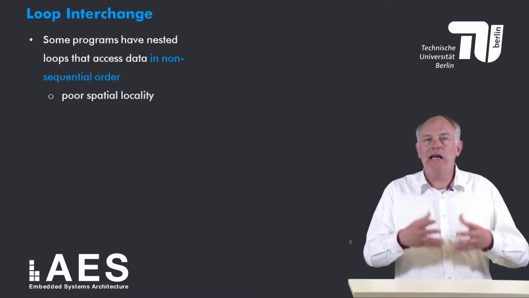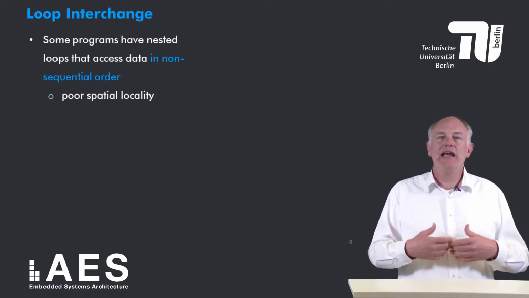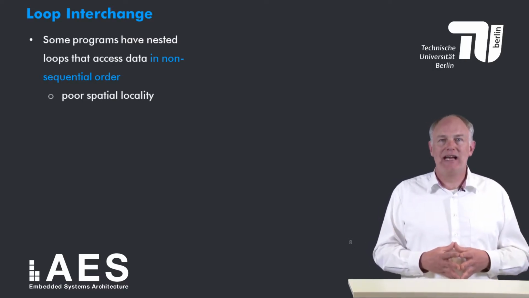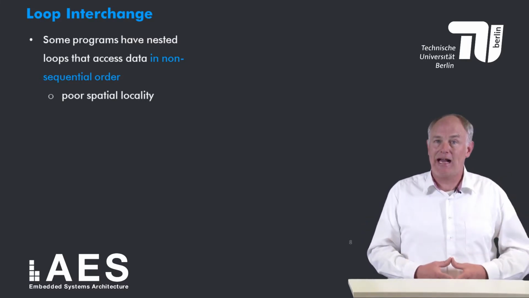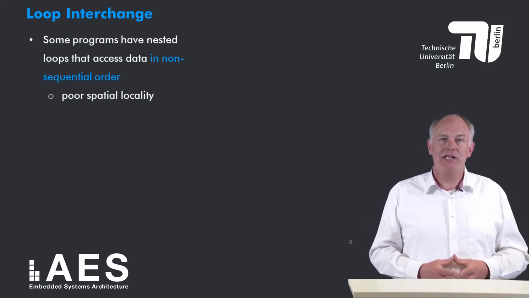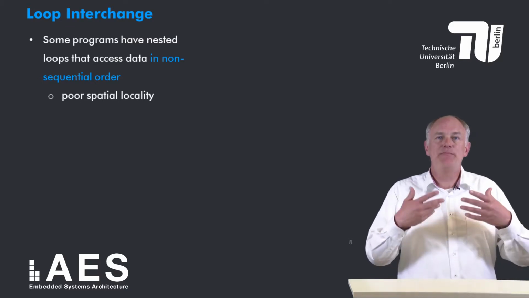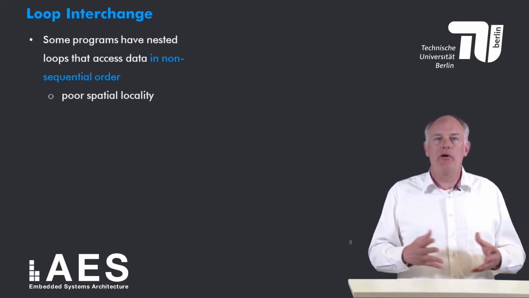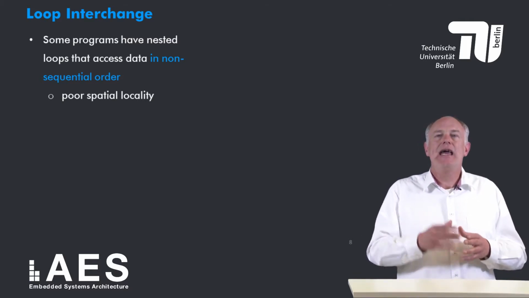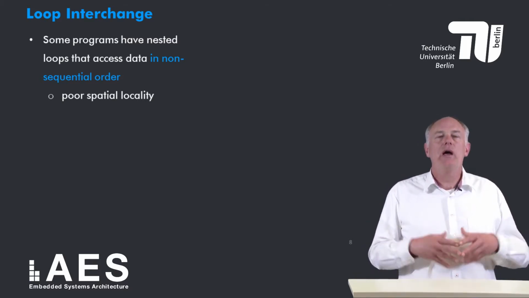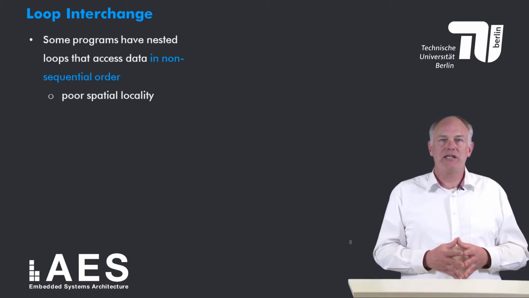The next data reordering technique, or actually data access reordering technique, since we do not reorder the data but the order in which they are accessed, is loop interchange. It is based on the observation that some programs have nested loops that access data in a non-sequential order but in a strided fashion.